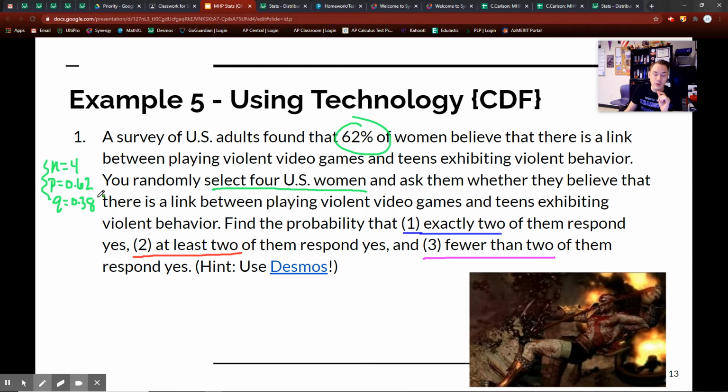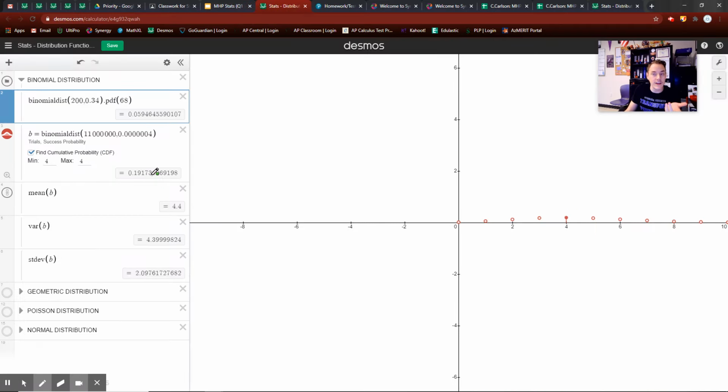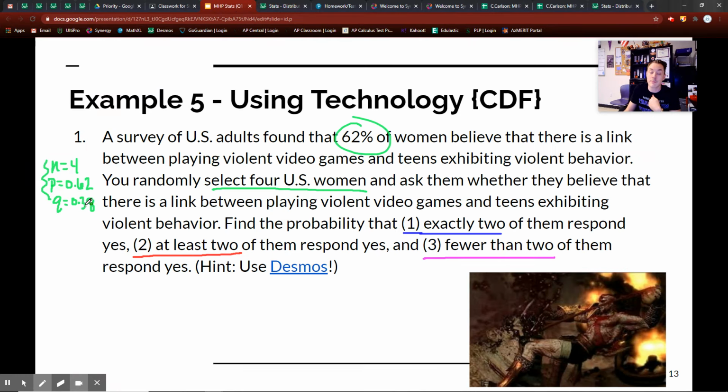Now notice, do we really need failure if we're going to do it on Desmos? No, we don't. Desmos calculates that for us regardless. I just need the success probability. But sometimes MyMathLab will still ask you to find the failure probability, so I like to put it on there. And then, of course, I do need my x.